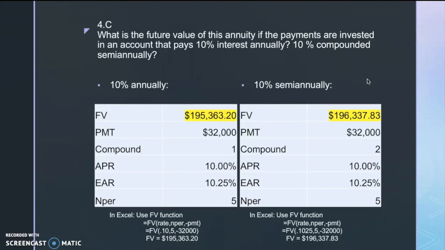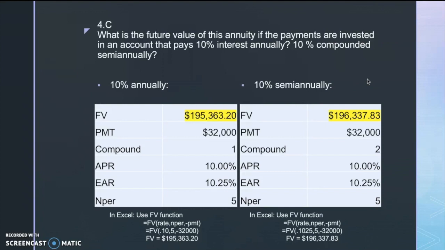So we plug our numbers in, and because this one is just 1 year, it's just annually, we use the given interest of 10%. So this means our future value would be $195,363.20.